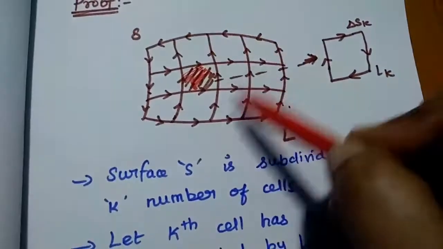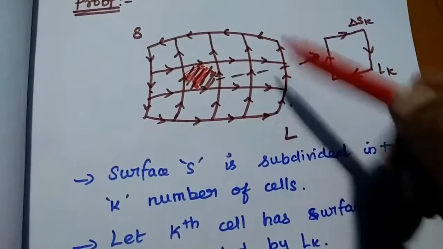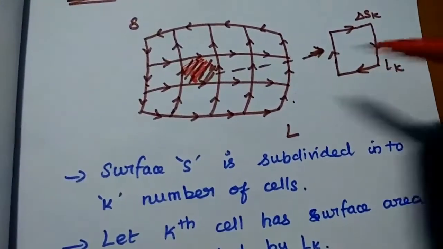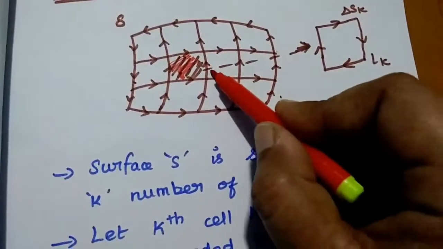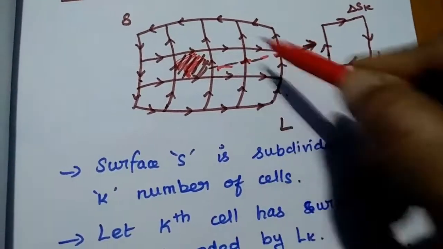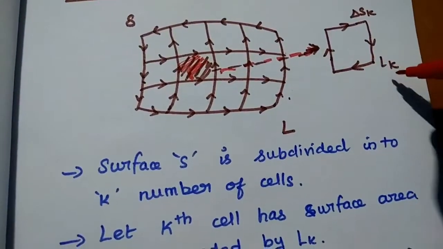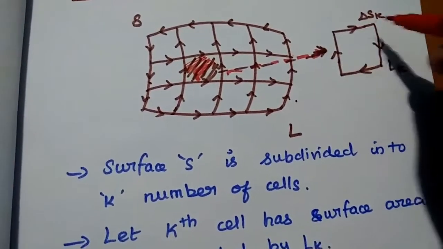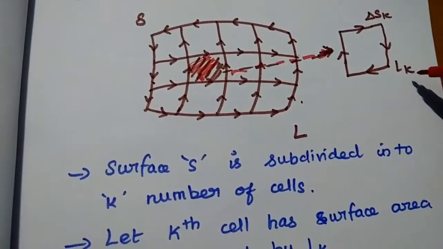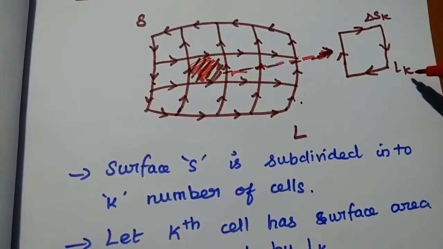So we have subdivided the total surface into different cells, and I have taken any one of the cells outside like this. In this one, this is the closed loop. The length of this closed loop is nothing but Lk, the length for the kth loop.